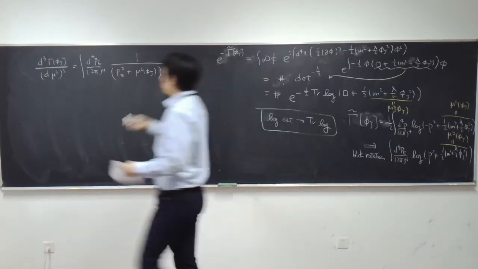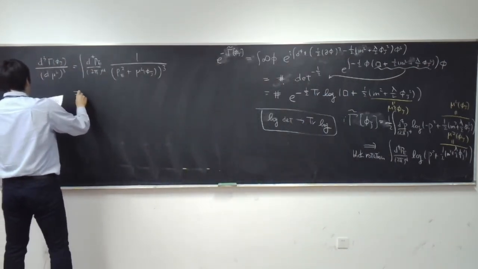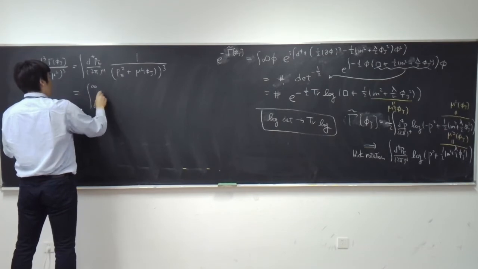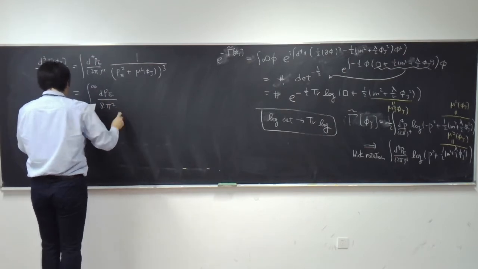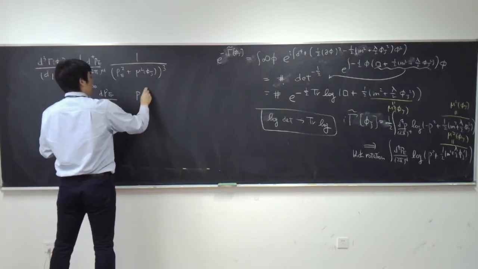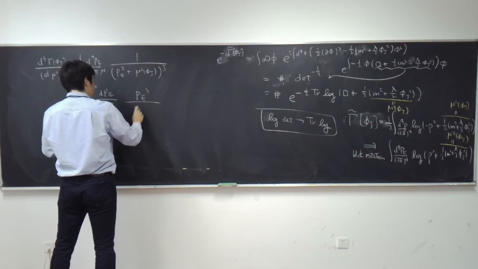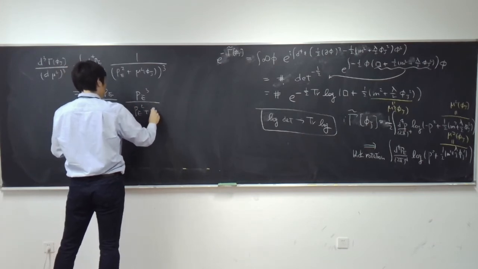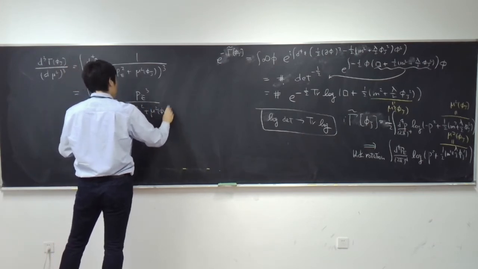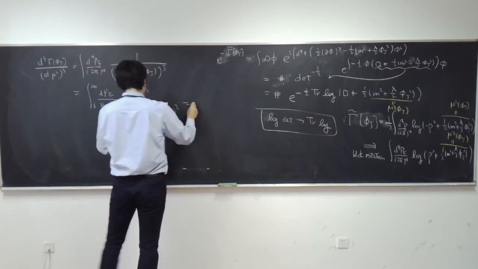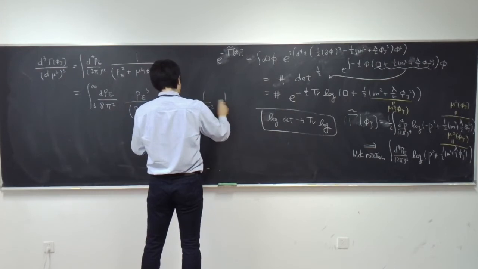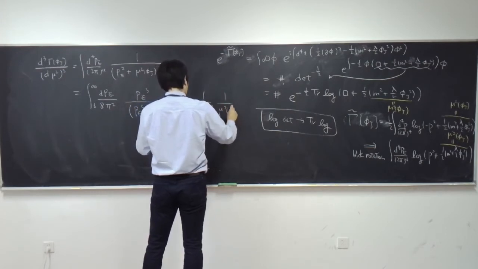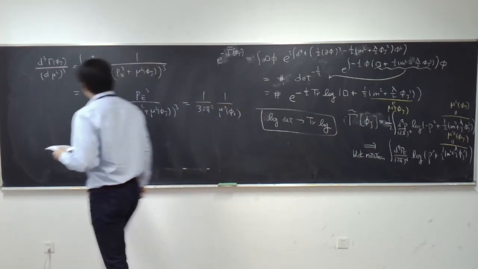It's better to take the derivative, and then one can perform this integral from 0 to infinity of dp_E over 8 pi^2 of p_E^3 divided by (p_E^2 plus mu^2(phi_j))^3, which is 1 over 32 pi^2 times 1 over mu^2.